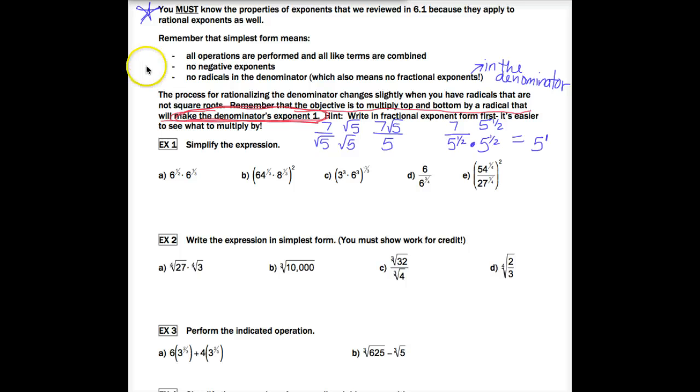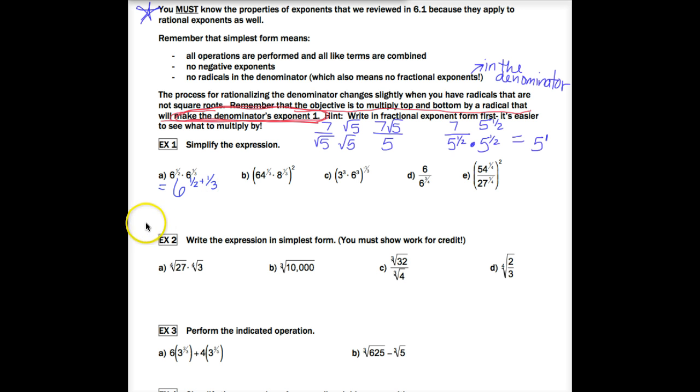Simplify the expression. So that means all of these things have to be done. So 6 to the 1/2 times 6 to the 1/3. When I have powers and the operation is multiplication, that means that I need to add the exponents. So the base stays the same, and I'm going to add those exponents, 1/2 plus 1/3.